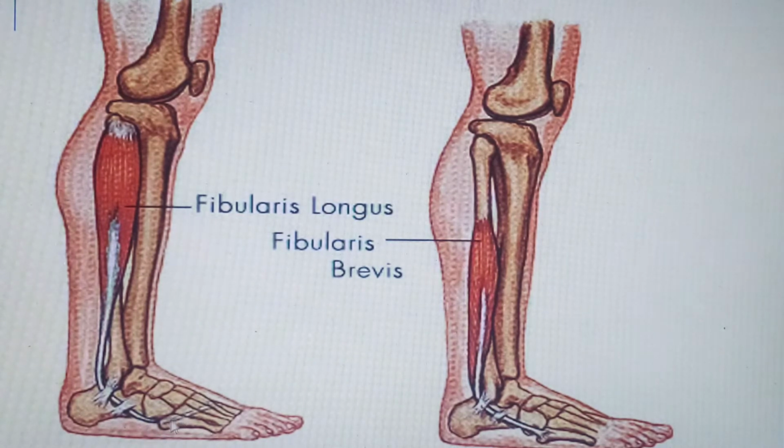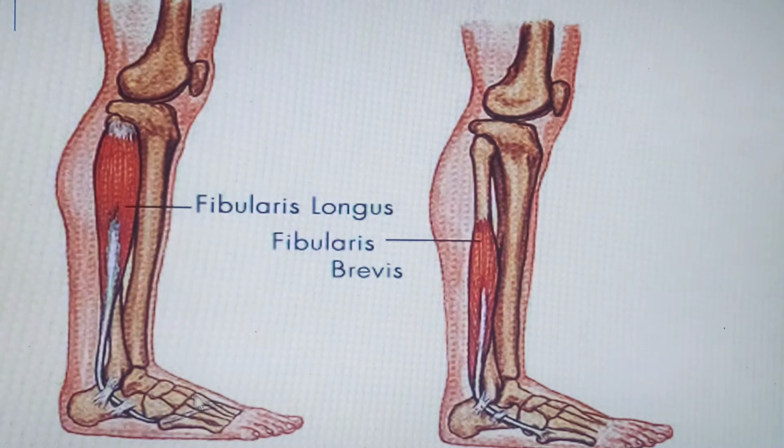So it's going to run deep to the metatarsals, and then it will insert all the way onto the base of the first metatarsal. But in so doing, it's also going to have another important attachment.